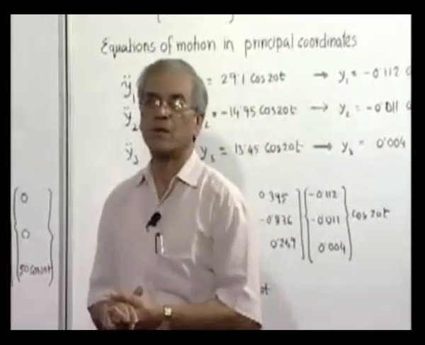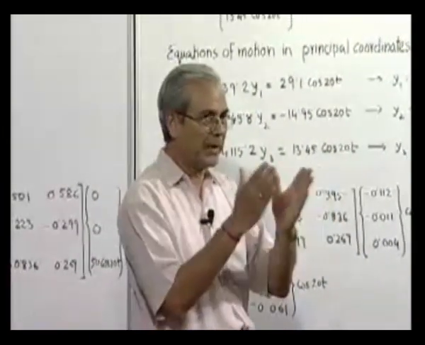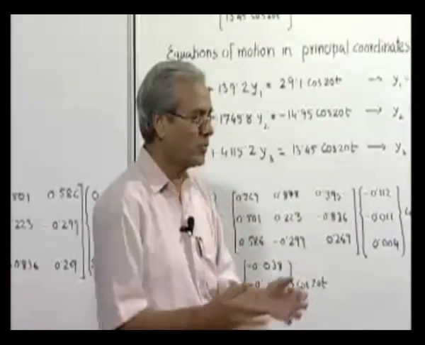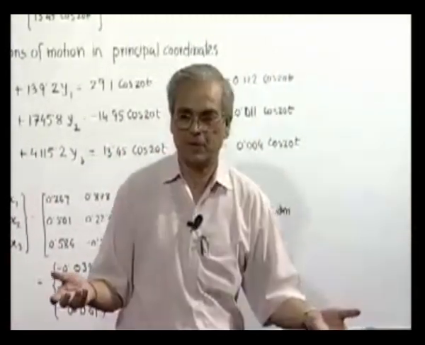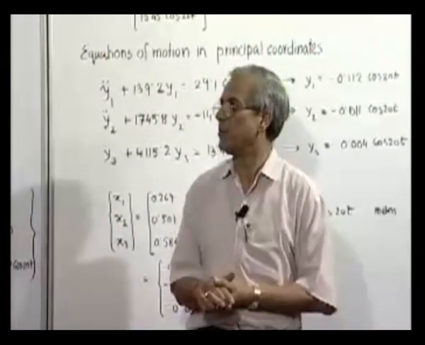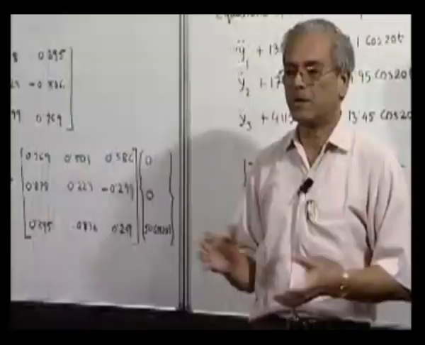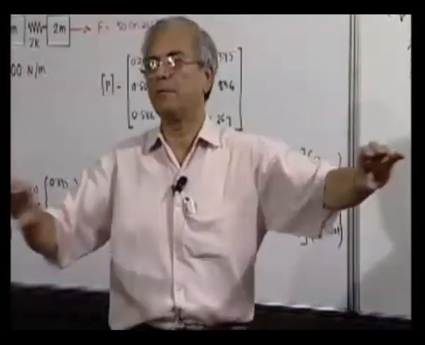However, there are situations where it is possible to not break into lumps, but to treat the actual system as it is. So therefore, now we have to look into the cases where we don't lump the parameters like this. We treat the system as it is, like say for example a cantilever beam.